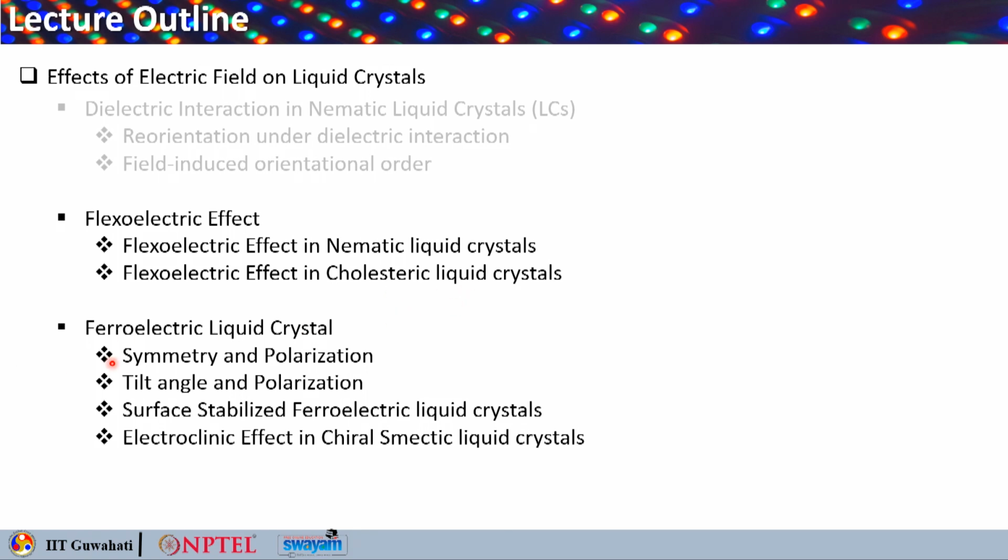We will also discuss the ferroelectric liquid crystals, the symmetry and polarization, tilt angle and polarization. We will go for surface stabilization, and then we will see the effect in those ferroelectric liquid crystals, and finally we will see the electroclinic effect in chiral smectic liquid crystals.